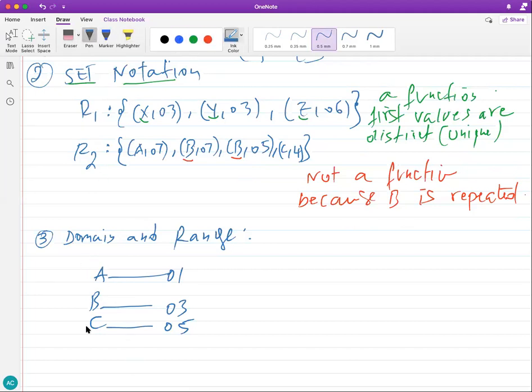We call all these elements together the domain. Okay? And all these elements, we call them the range. So the domain is the left side, the range is the right side. And we can write these separately together in this form also. So we can say the domain in set notation.